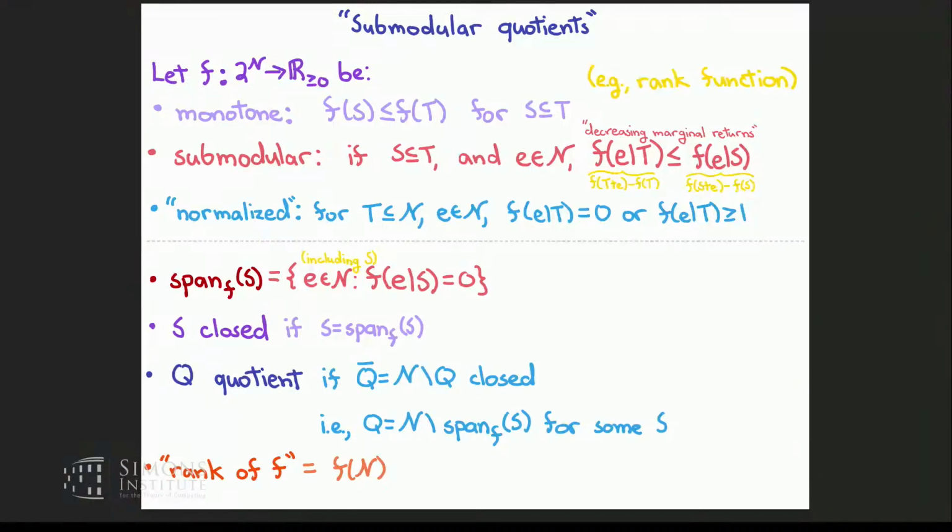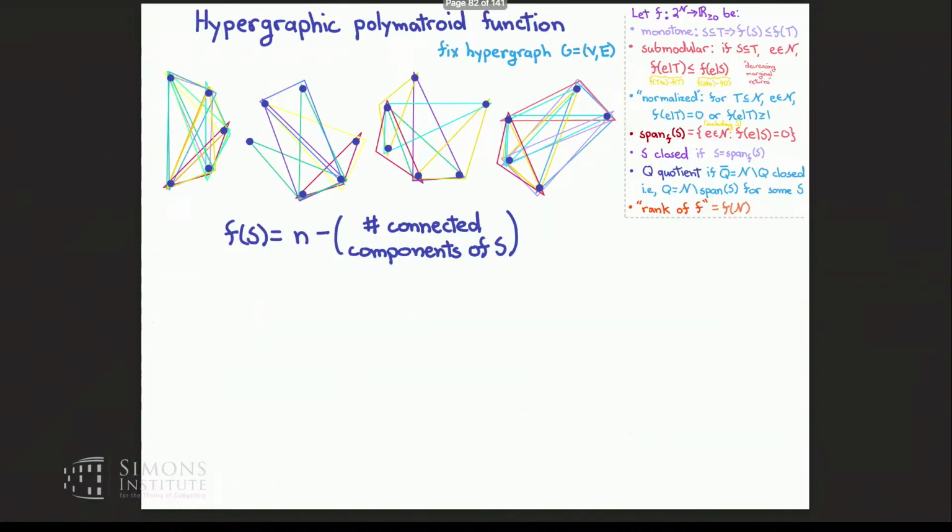And then the rank of this function will be the overall value of the whole thing, f of the ground set. Okay, so for hypergraphs, we can look at this function. F of a set of edges S is n minus the number of connected components of S. So two vertices are connected if they're in the same edge, or there's a bunch of edges you can hop across.